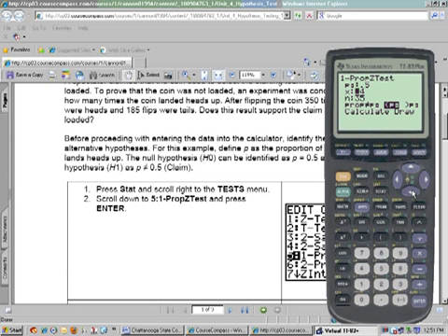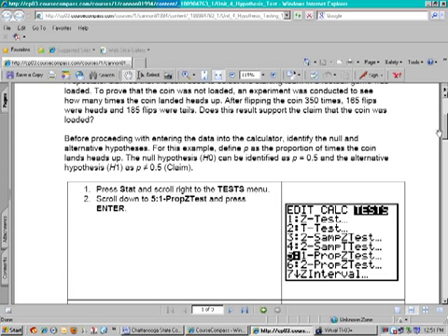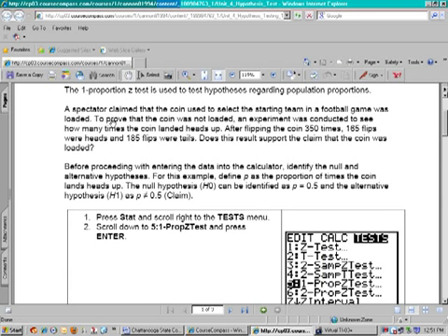Now, the X would be based on the claim. So let's go back to our problem and see what this says. Notice, to prove the coin was not loaded, an experiment was conducted to see how many times the coin landed heads up. So that would be considered a success if it lands on heads. So our N will be the total number of times that the coin was flipped.